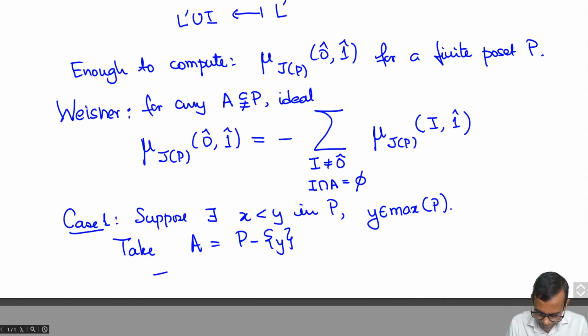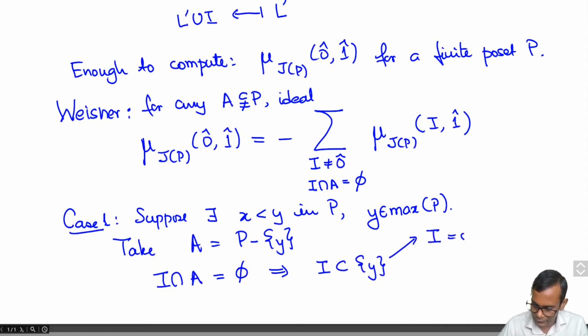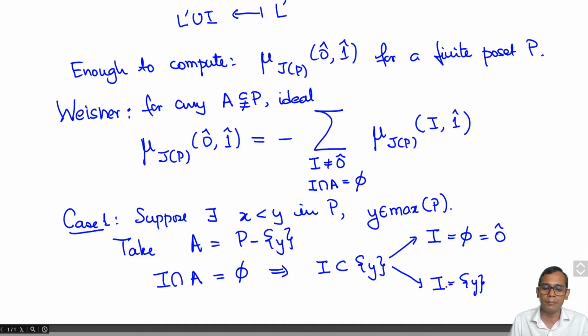And if I intersect A is equal to the empty set, then this is the same as saying that I is contained in singleton y, which leads to two possibilities. Either I is the empty set or I is singleton y. But the empty set is just the 0 hat, so this does not appear in this sum. I equals singleton y is not possible because singleton y is not an ideal, because we have x which is less than y, and that's not in the singleton y.